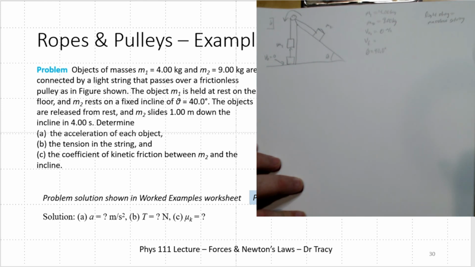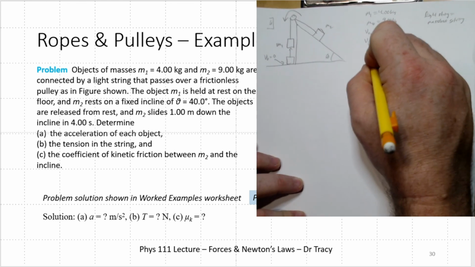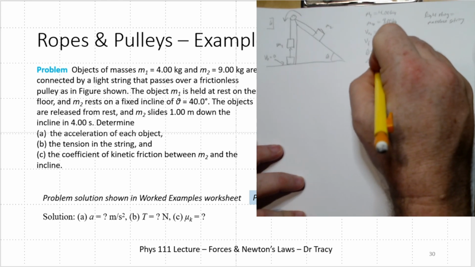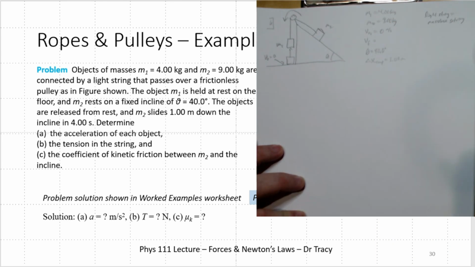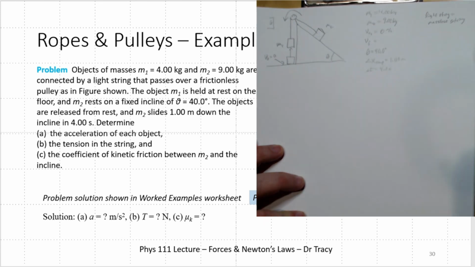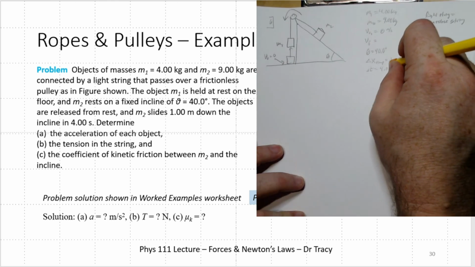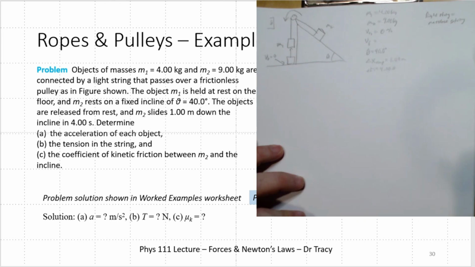Released from rest, M2 slides 1 meter down, delta x ramp equals 1.00 meters, and this is going to go up 1 meter in 4 seconds. Delta t is 4.00 seconds. I'm really not going to pay too much attention to the sig figs. It's good to know about them, but it really slows down because of the consistency issue.